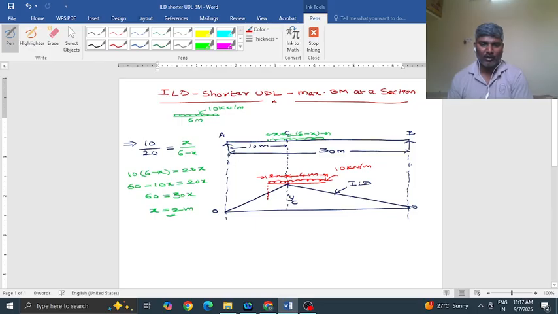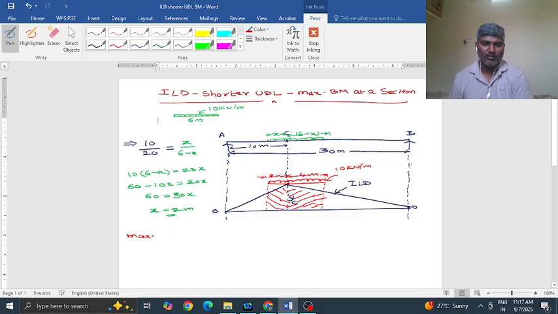Now you drop these end points of the load onto the ILD, and the area occupied by the UDL multiplied by the load value will give you the maximum bending moment value.